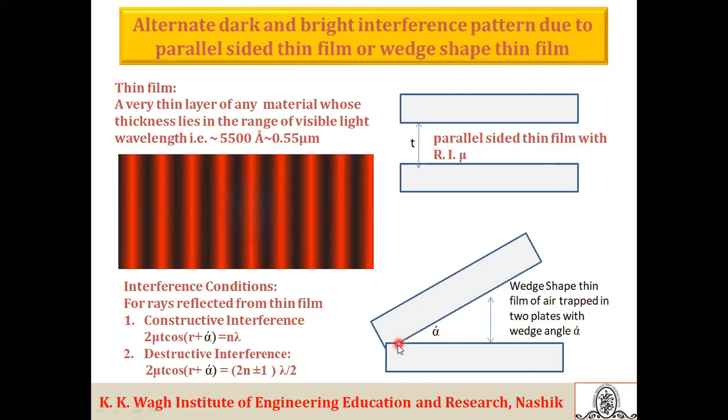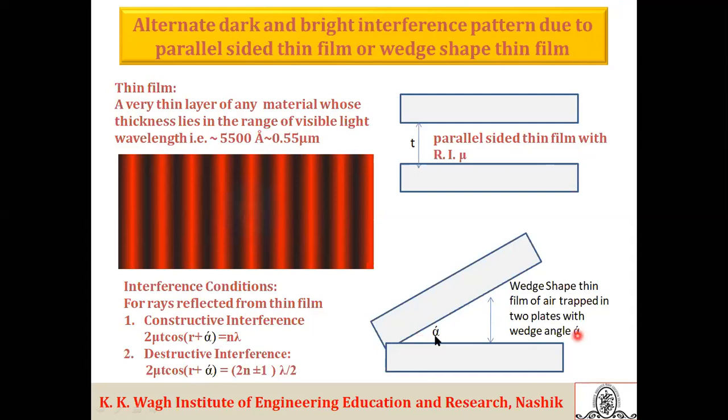At the point of contact, the thickness remains zero, and moving away from the point of contact, the thickness goes on increasing. At the point of contact, some angle is formed, and that angle is called the wedge angle alpha.